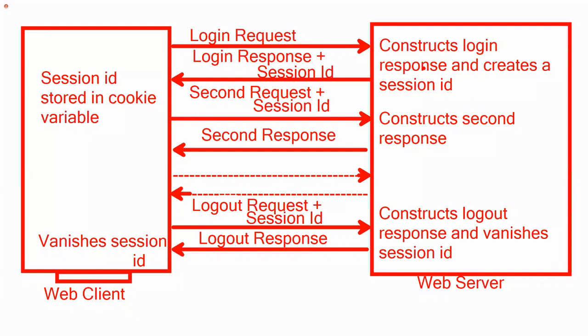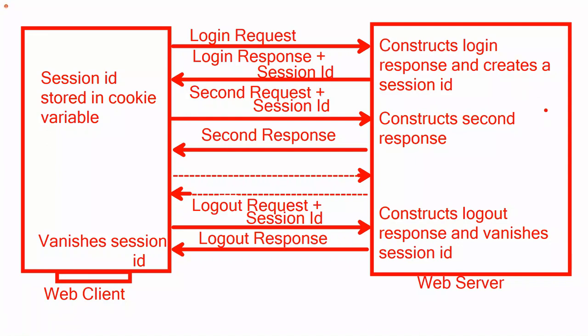If the user is there, it creates a session ID. Response comes, ID comes. Then the ID is received and stored in a cookie variable. Next time, you will select some items. Items are the second request. ID comes. With that ID, the server will understand these items are selected by this particular user.